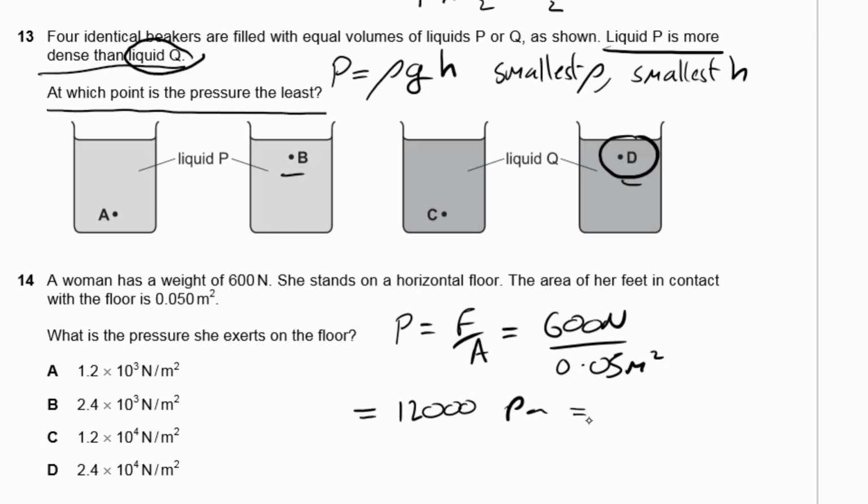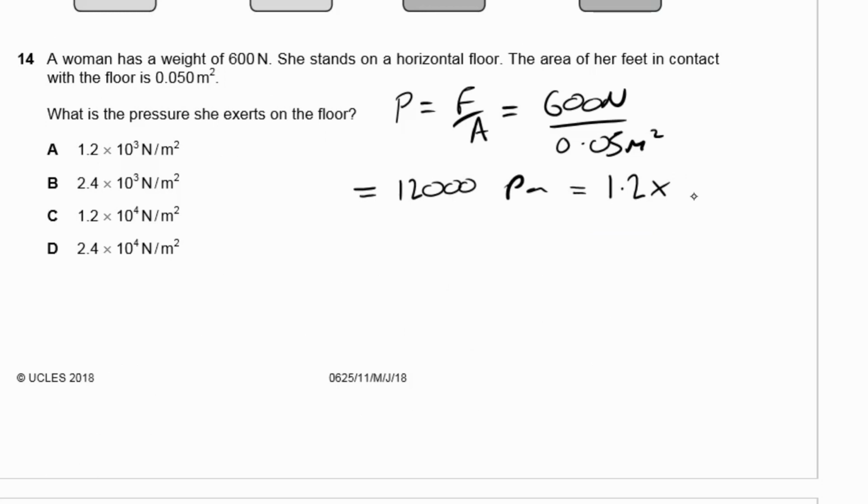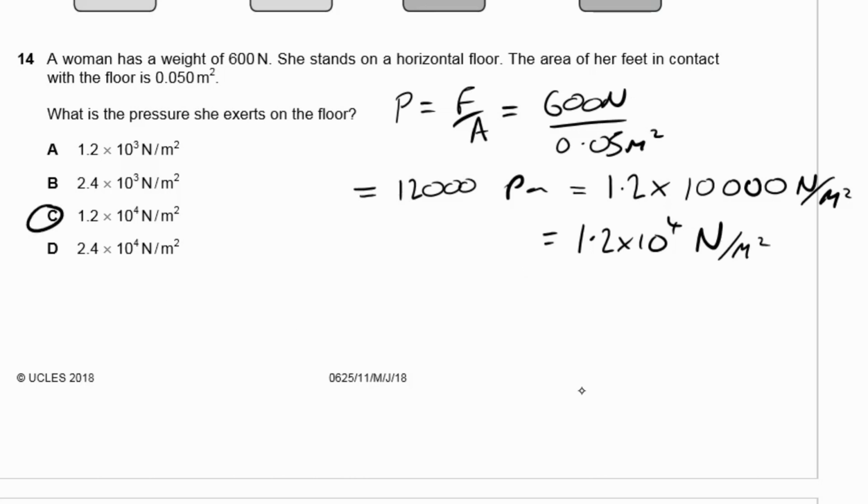And that is, of course, standard form, 1.2 times 10 to the 4 newtons per meter squared. There we are. Option C.